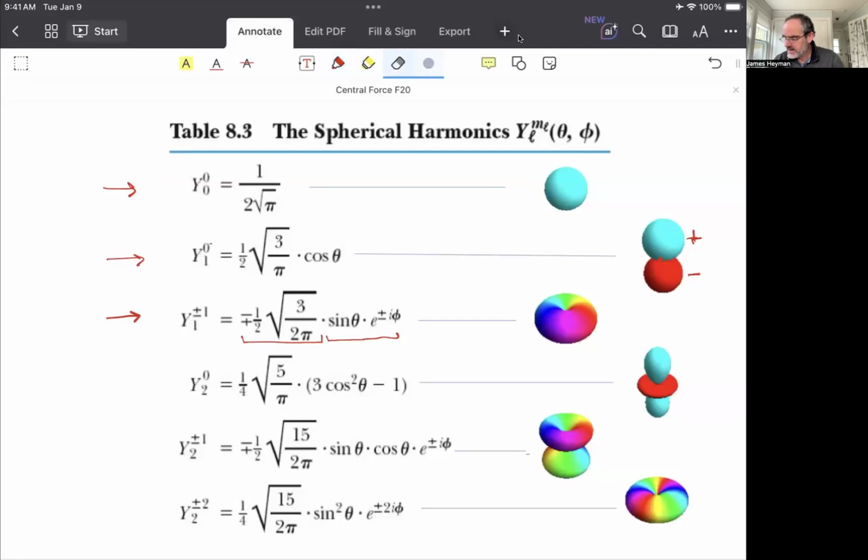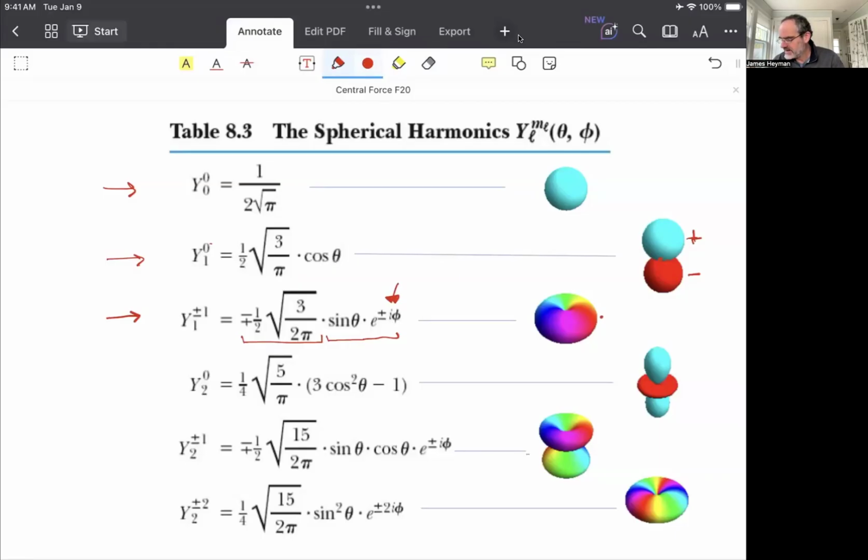Okay? If we think of how this function depends on theta as well as phi, well, it looks kind of like this donut here. In this donut, the color represents the phase of this complex number. Okay? And so it starts at red, which would mean phase equals 0, so the quantity would be positive 1.